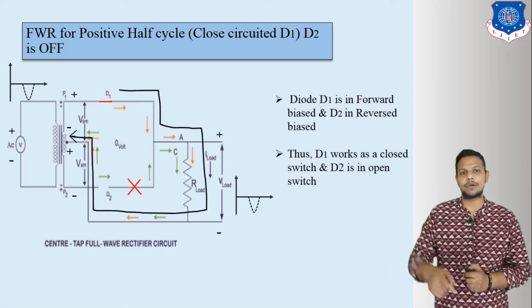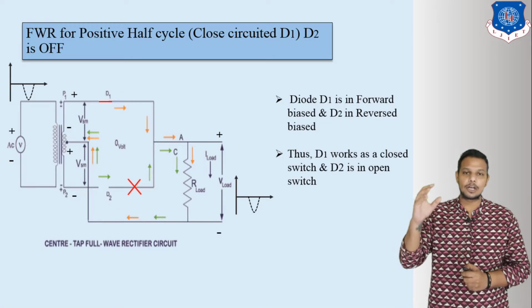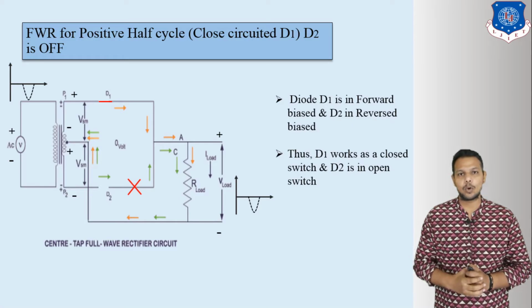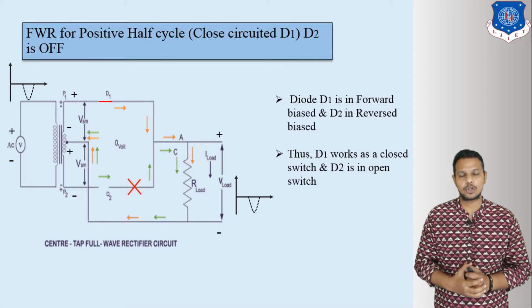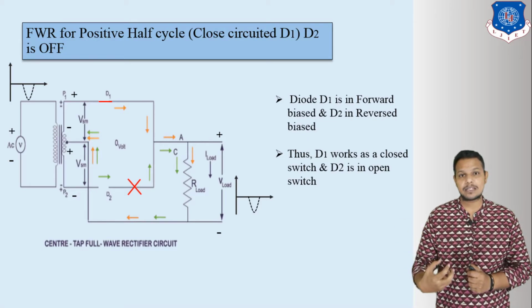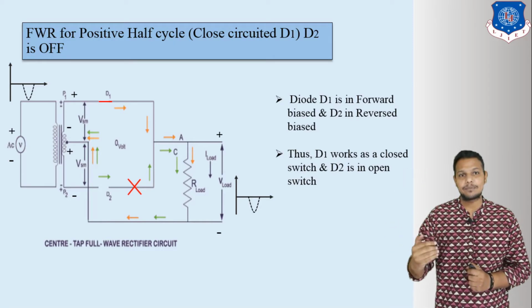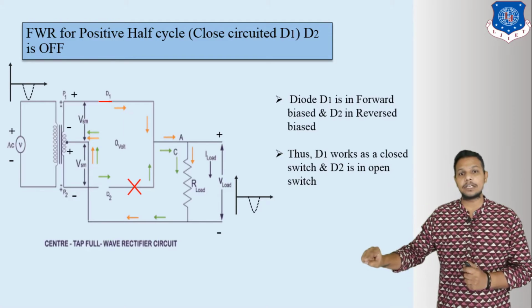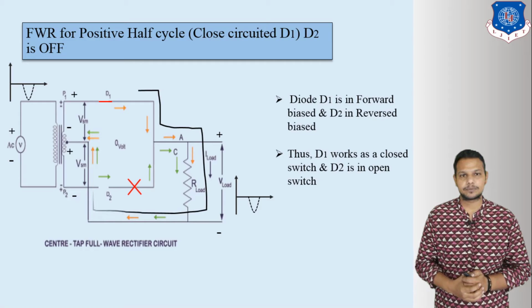Then current flows in this manner. That means D1 is working in a closed loop, and D2 is open circuited, working in reverse bias. Why does it become reverse bias? Because current flows from positive to negative, and at that time the current flows opposite to the D2 diode, so it works in reverse bias. The current direction is like this.